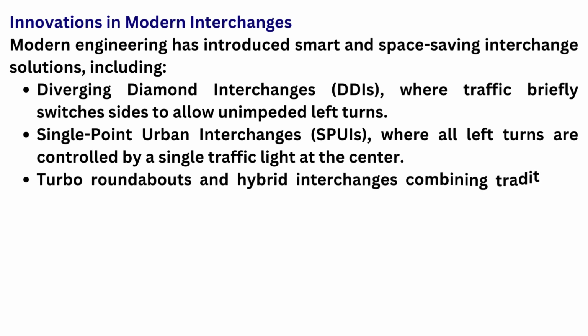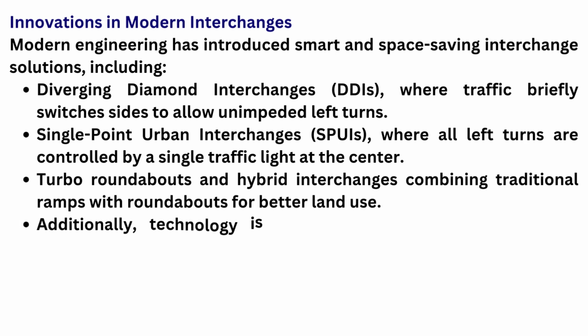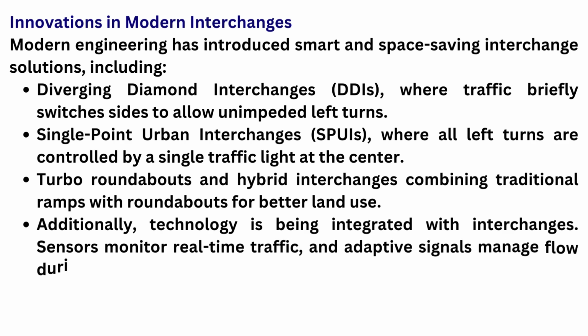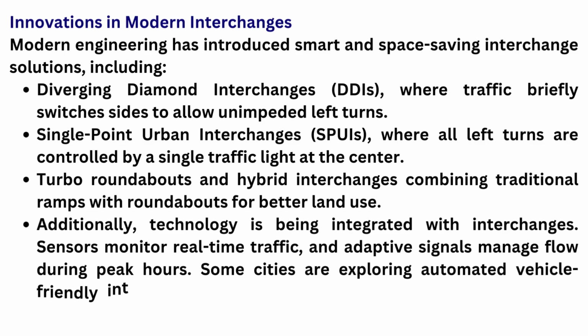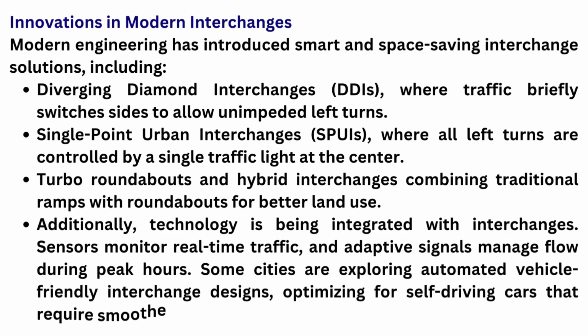Turbo roundabouts and hybrid interchanges combining traditional ramps with roundabouts for better land use. Additionally, technology is being integrated with interchanges. Sensors monitor real-time traffic, and adaptive signals manage flow during peak hours. Some cities are exploring automated vehicle-friendly interchange designs, optimizing for self-driving cars that require smoother transitions.